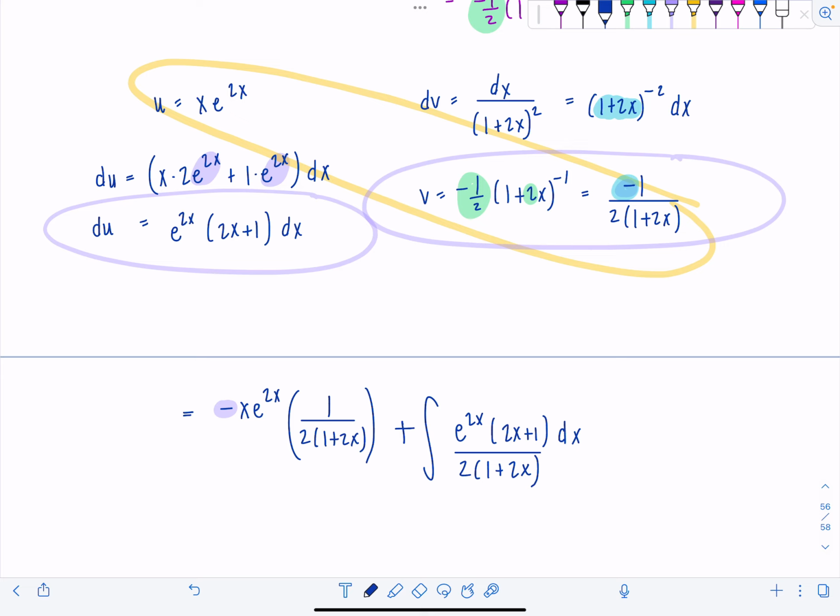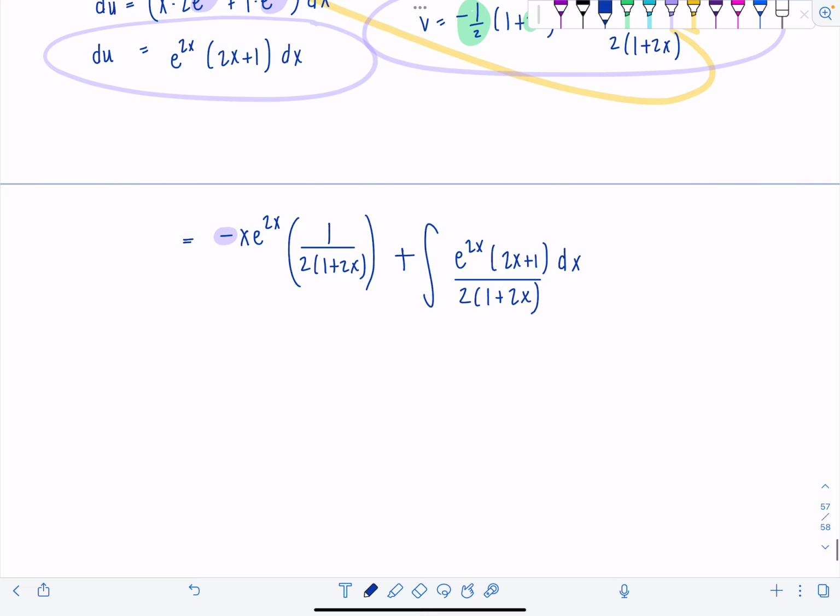Take a second, everything's accounted for, it just looks frightening, okay? And then I'm going to put negative x e to the 2x in the numerator, and then just have 2 times (1 plus 2x) like that, plus, now we have integral, and this is where the magic happens. That 2x plus 1 just cancels out. So lovely. And then we have e to the 2x over 2.